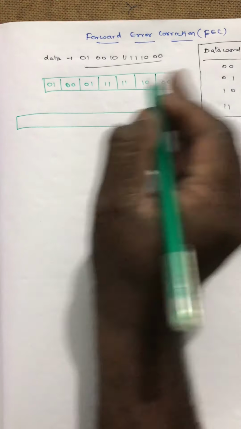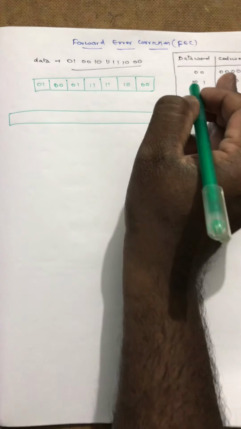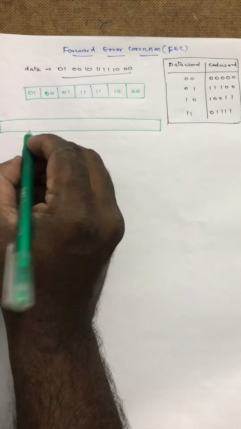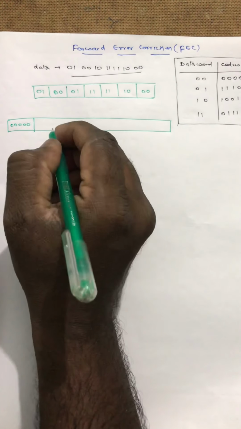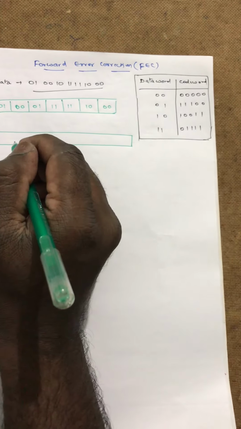So for 0 0, if you refer to this table while filling this up, what is the 0 0 code? It is all zeros, 5 zeros, and for, sorry, it's 0 1.